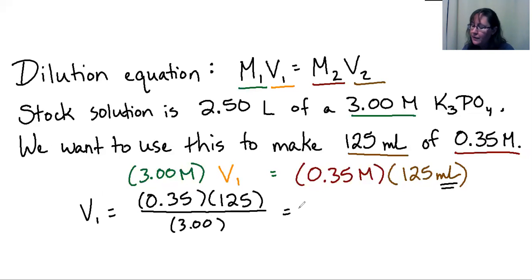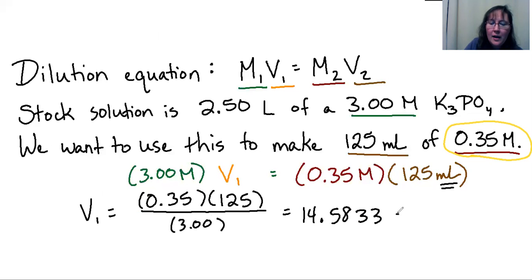So 125 times 0.35 divided by 3. The way I have this written shows only 2 significant figures, so I can only have 2 significant figures in my answer. When I get 14.5833, this gets rounded to 15 milliliters. And that is my V1.